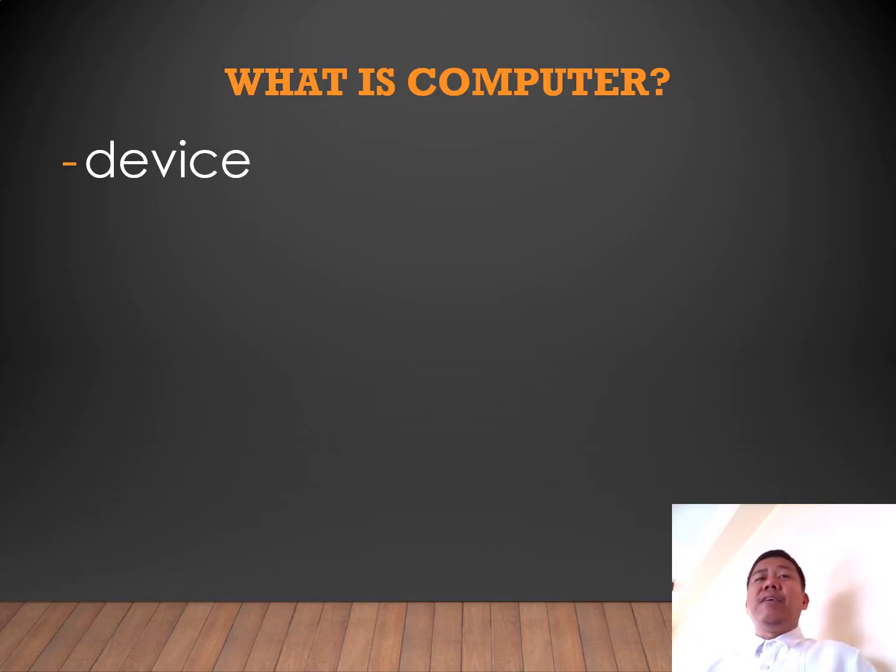But what kind of device is it? Actually, it's a programmable device. So a computer can be programmed. It can play an OS, an operating system, in order for the computer to run. So it's a device that can be programmed.